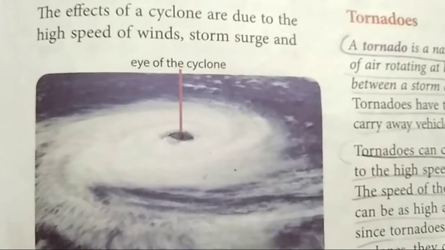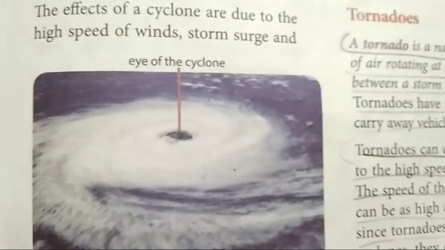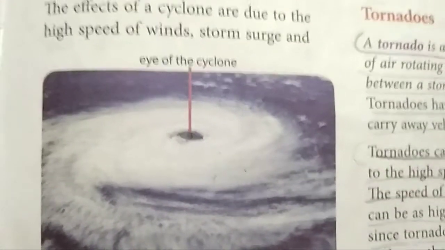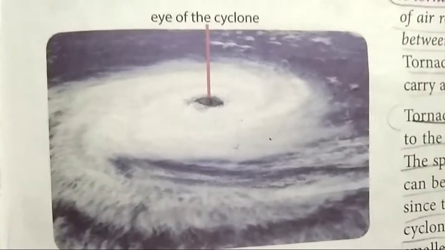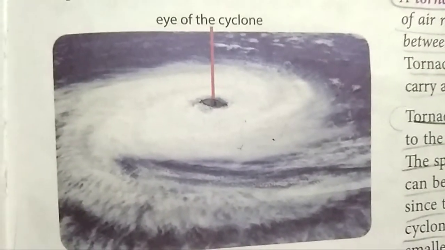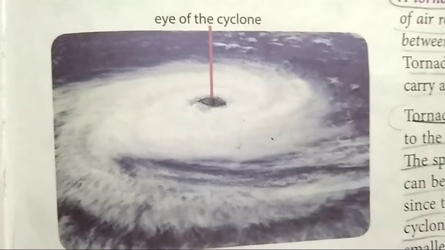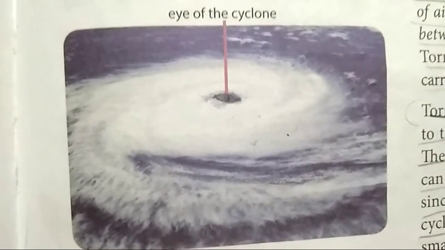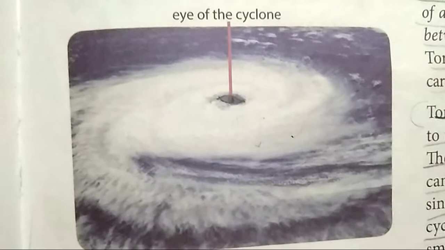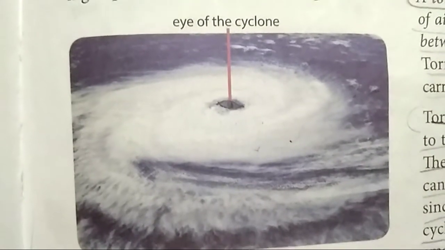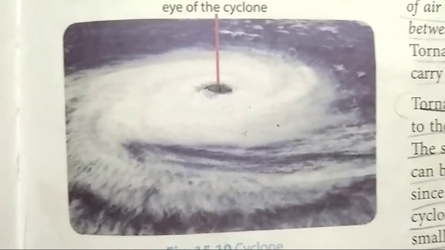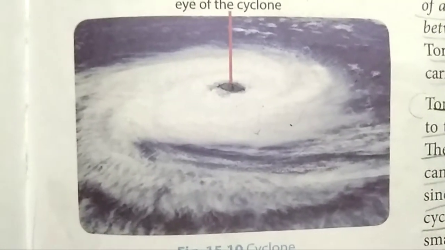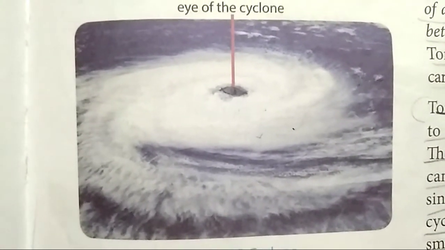So it needs warm and moist air. But as the cyclone reaches the land, the supply of warm and moist air gradually stops. That's why the cyclone dies.